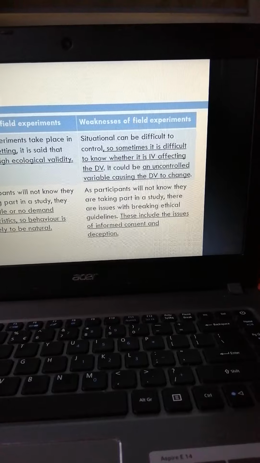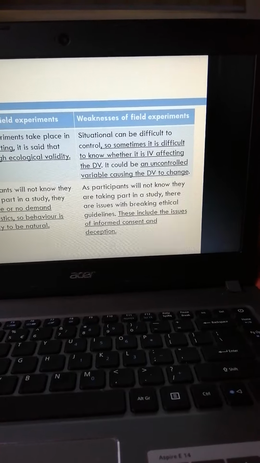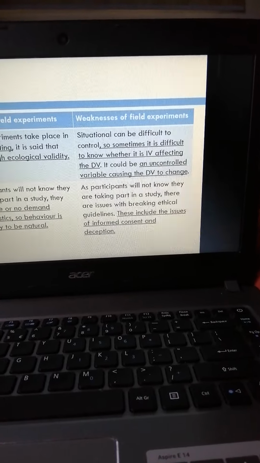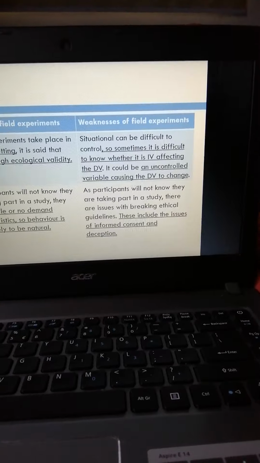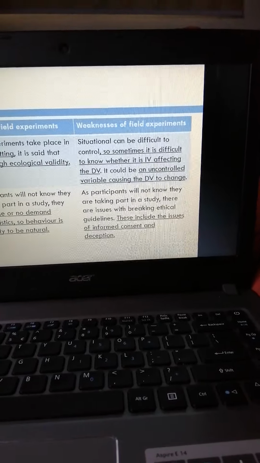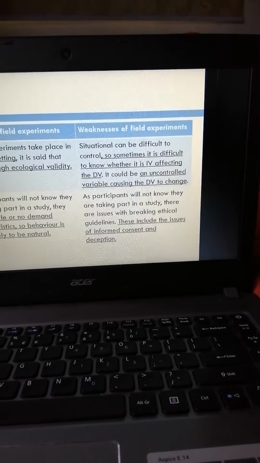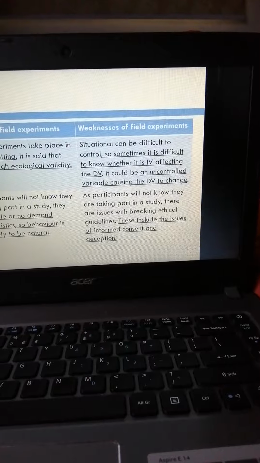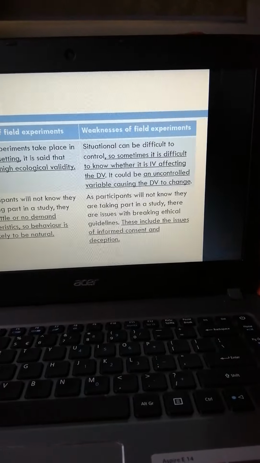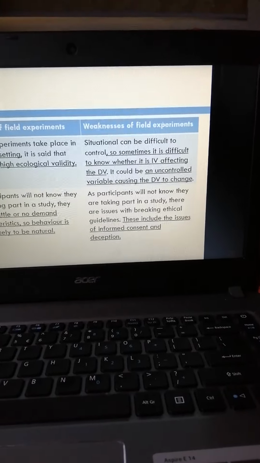And if let's say that they break these ethical guidelines, there'll be issues. For example, no permission given, that can be a problem, that can be an issue for psychologists, and they have to lie. And this is also a problem because who will want to be deceived?